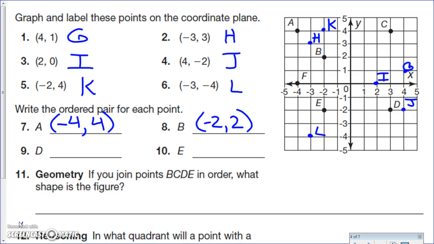For D, we're going to have to go over to +3 for the x and then down to -2 for the y. And then finally, point E, we're going to go over to -2 on the x and down to -2 on the y.